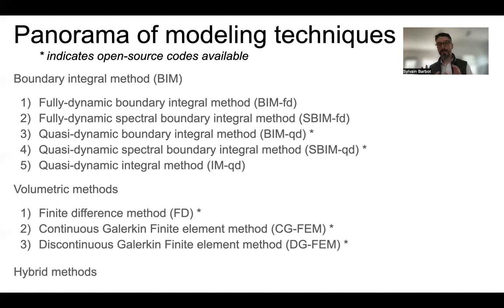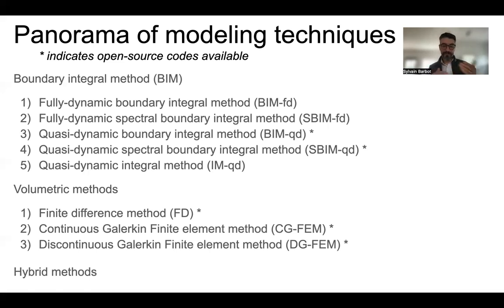The other category is involving discretization of the volume. So this also has different flavors, whether the resulting method uses finite difference, finite element, or spectral elements. And the third category, well, is hybrid methods that combine these different techniques based on their various advantages.